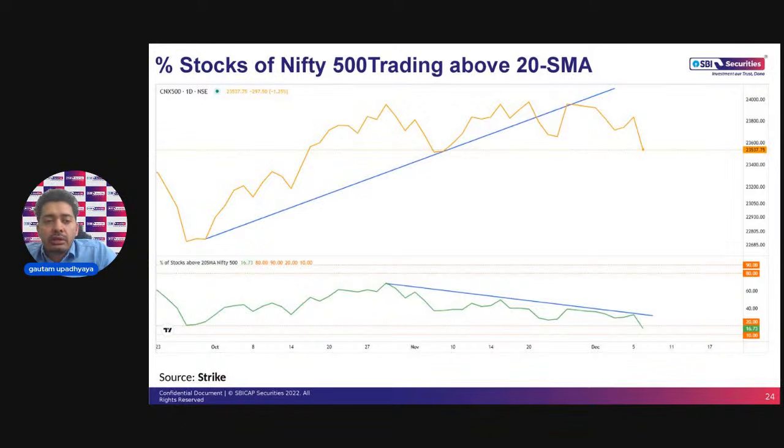So that's also a very good indication that there is no market strength. Market ka breadth jo hai, it is concentrated towards the top 15-20 stocks in the market, and uske alawa there is no major rally which is being seen in the market.